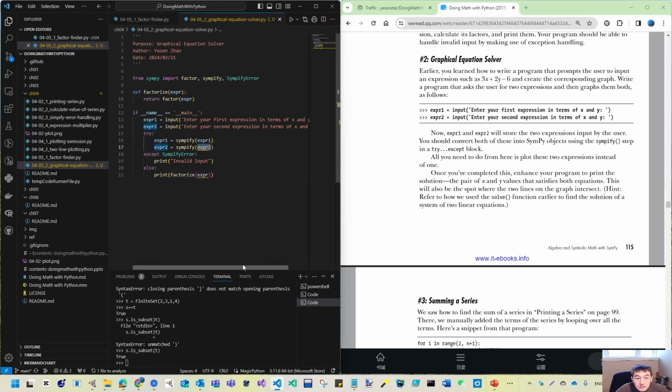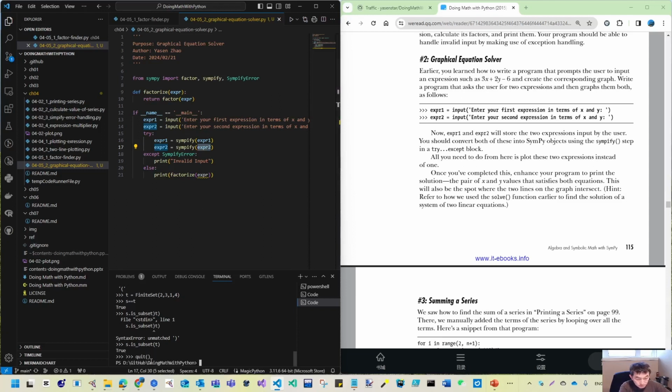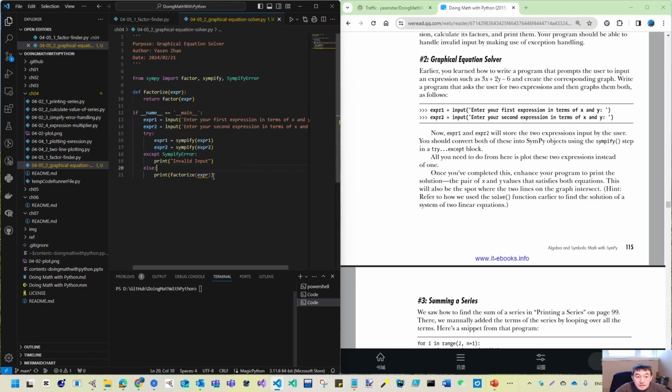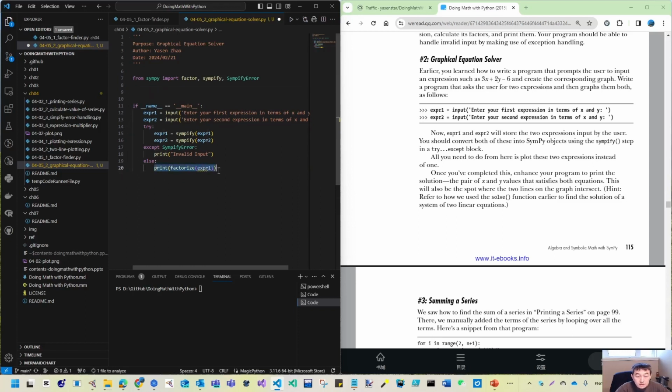Let's see why we get such kinds of errors. Let's quit from Python. Here it's fine. So if we don't have those lines, we print 1, print 2. Now it's not the factoring, so we don't have this one. Then we just say none, and run.